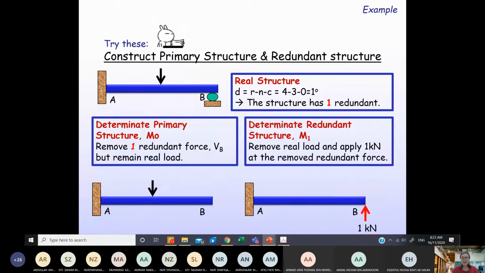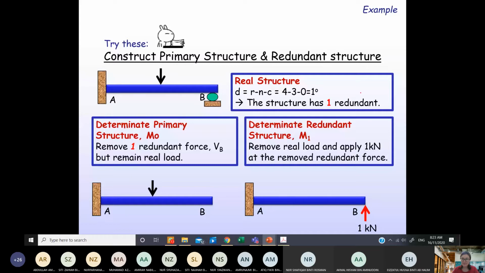Okay, so now this is another example on how to construct the primary structure and the redundant structure, using one of the cases just now.